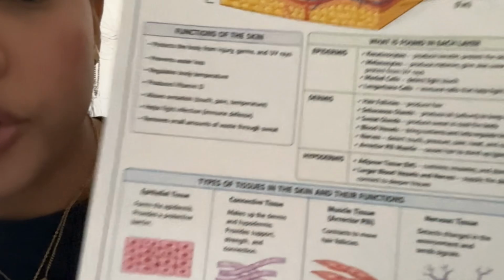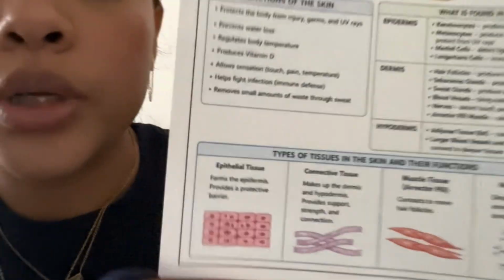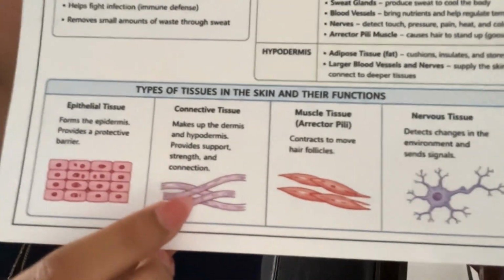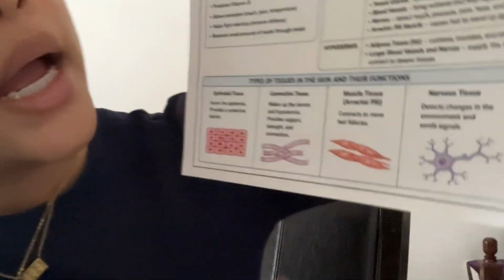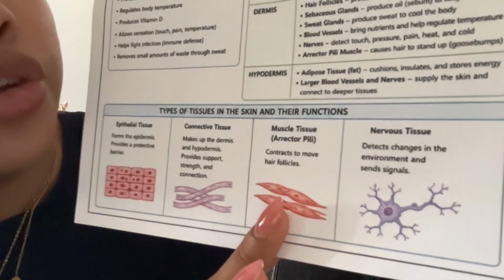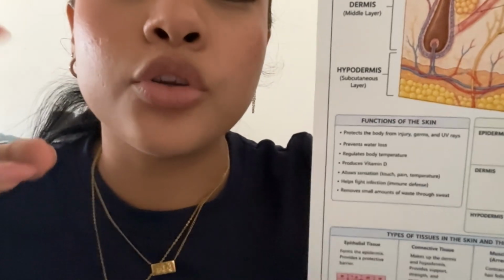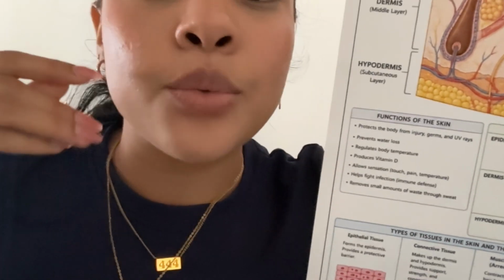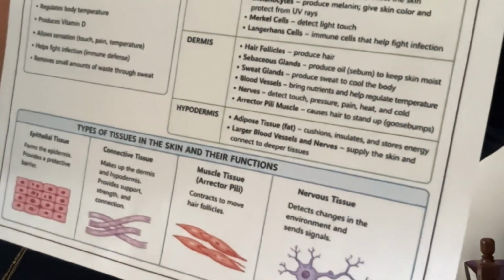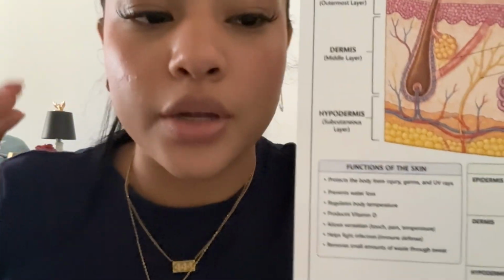Everything has a function itself. The epithelial tissue helps us protect the skin, the connective tissue provides the support, the muscle tissue is what helps us when, let's say, we get goosebumps, and the nervous tissue senses the environment, which is our touch and stuff like that.